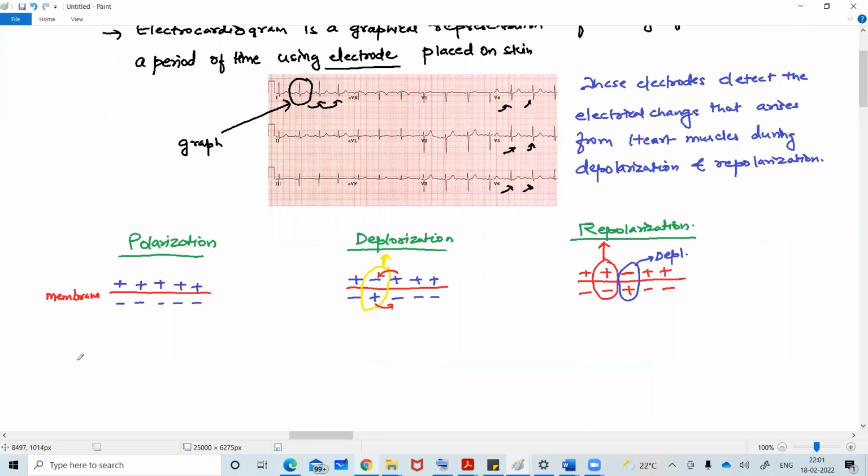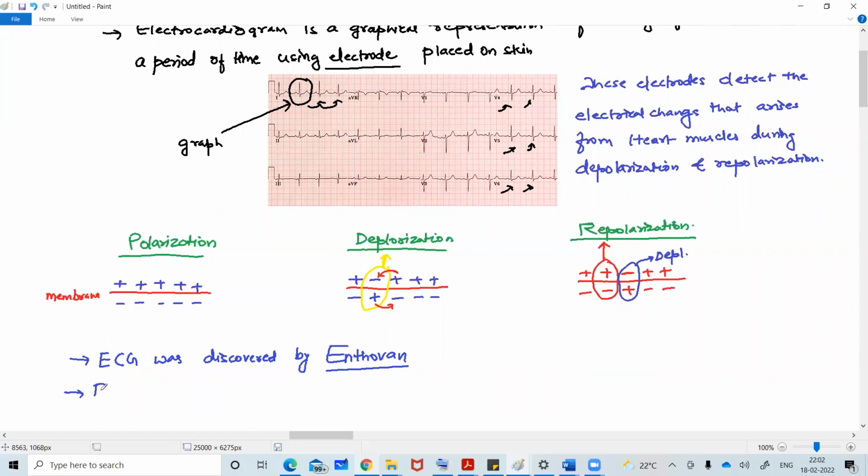Next is who has discovered this ECG? So you can say ECG was discovered by Antoine. Right? But when you talk about who has recorded the first ECG, that credit goes to Valor.